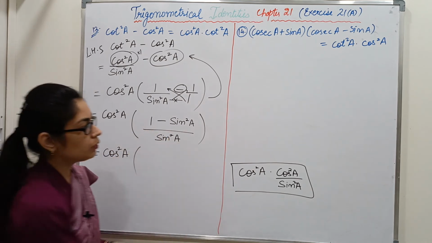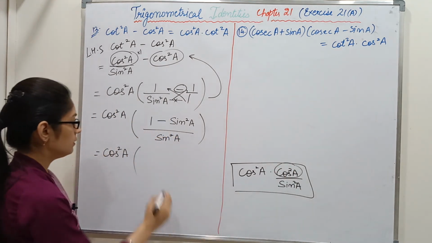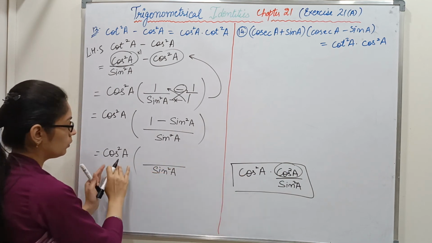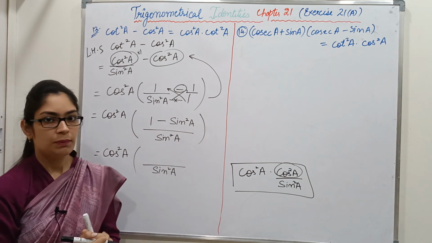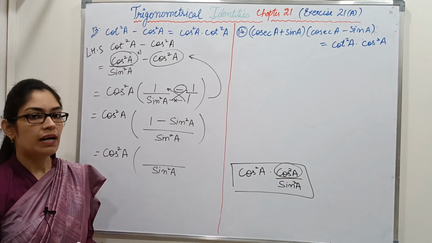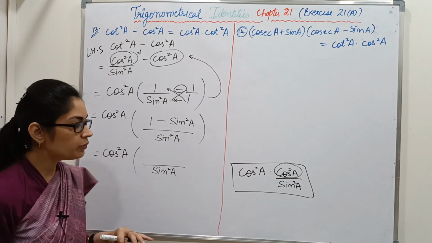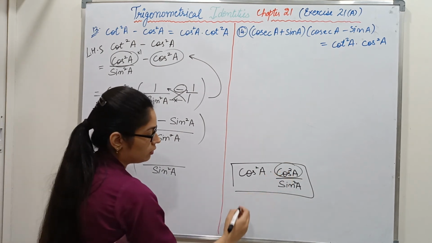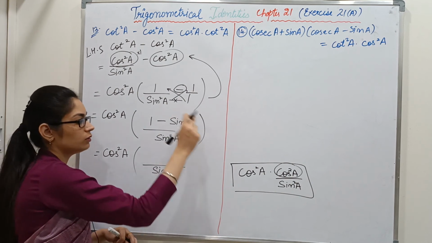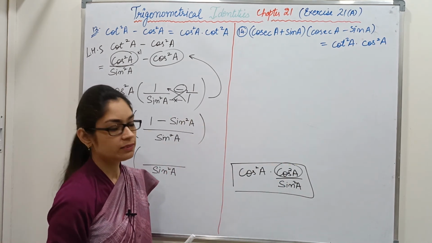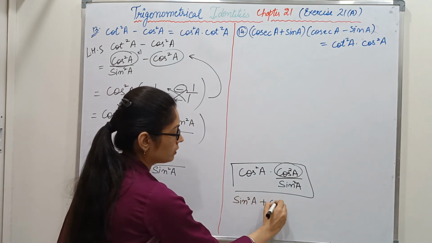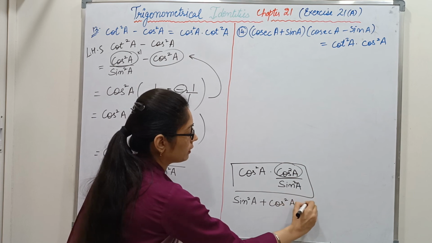Now see, we need cos. Sin square I have got, this cos square also. Now this relation, because we don't need sin, we need cos, so that's why we have to change it, and for changing we should know the relations. So relation of sin and cos, and that too in their square relation. This is also square, this is also square. So we know sin square a plus cos square a equals 1.